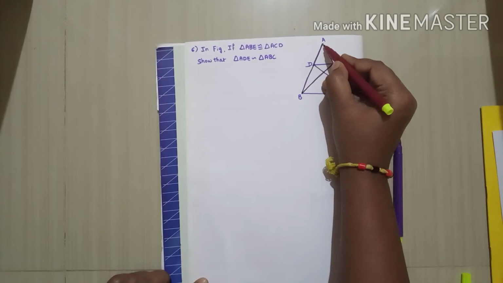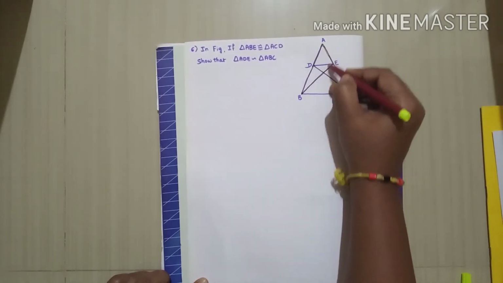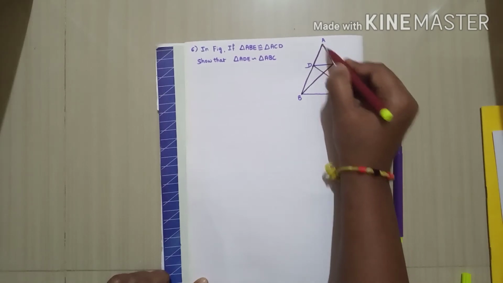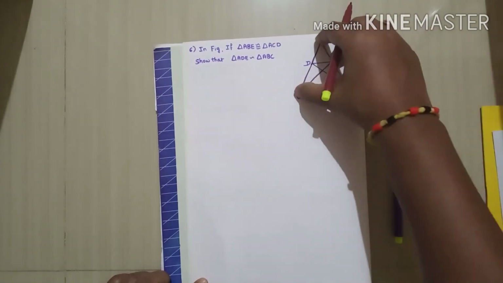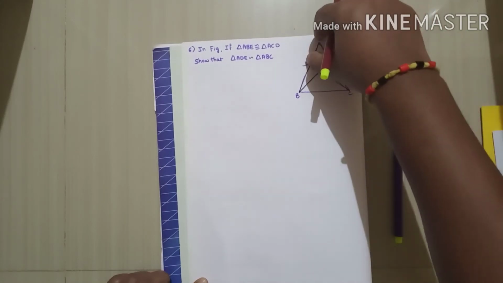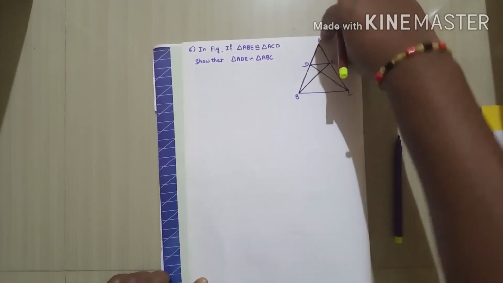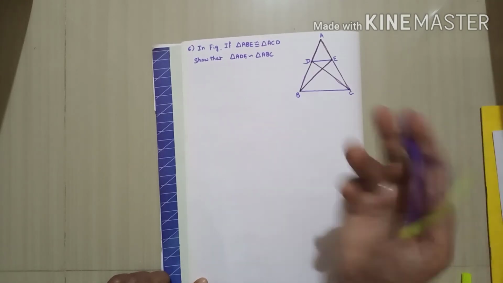So observe this AEB triangle and ACD. Which are the two sides looking equal there? AB is equal to AC, and AD is equal to AE. We can write it. Correct, no? And so we'll solve it now.